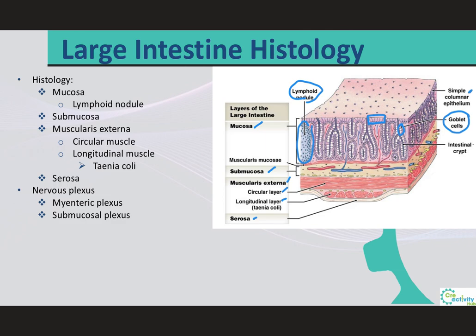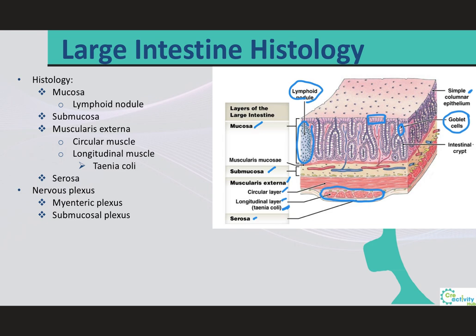Another difference that we can see is that the longitudinal muscle layer is actually shortened when compared to the rest of the digestive tract, and it will form what we call the teniae coli. So it is still made up of smooth muscle, but it's thinner, and we will see on the next slide how it is arranged within the large intestine wall.